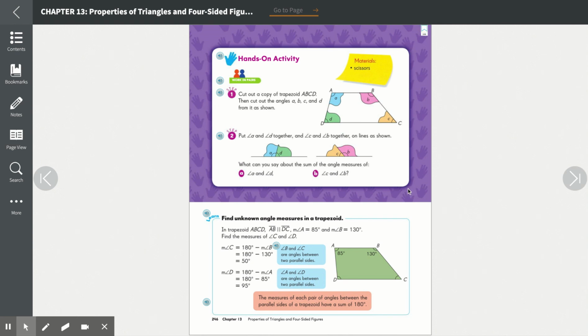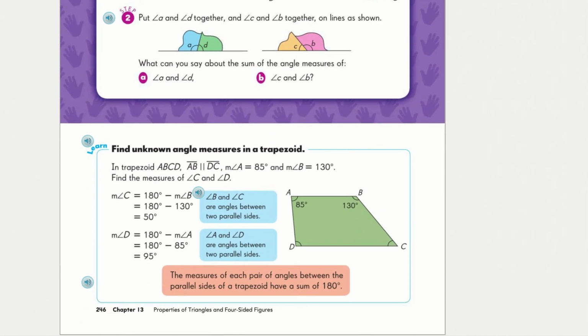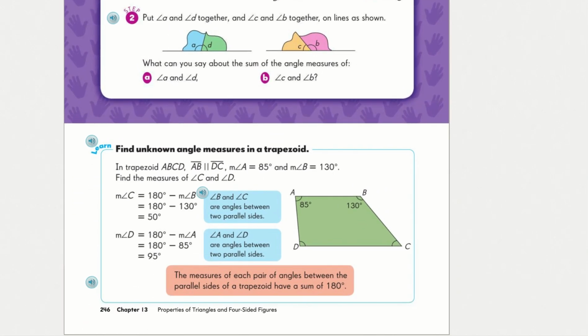And you can find unknown angle measures in a trapezoid. For example, if you're looking for angle C, you know that it'll be 180 minus the measure of angle B. Because these are on a line together, we've got 180 minus 130 equals 50. So angle C is 50 degrees.